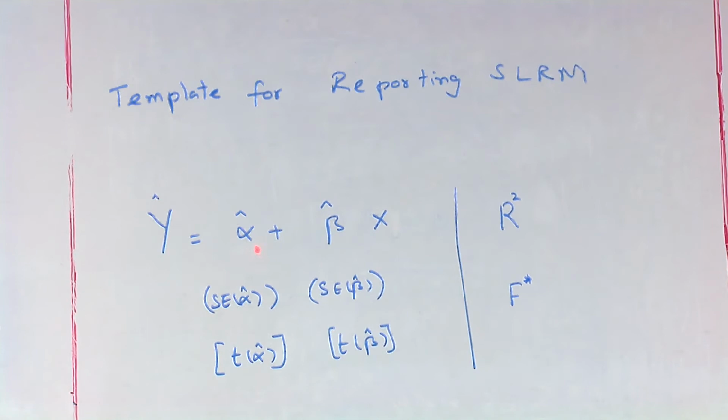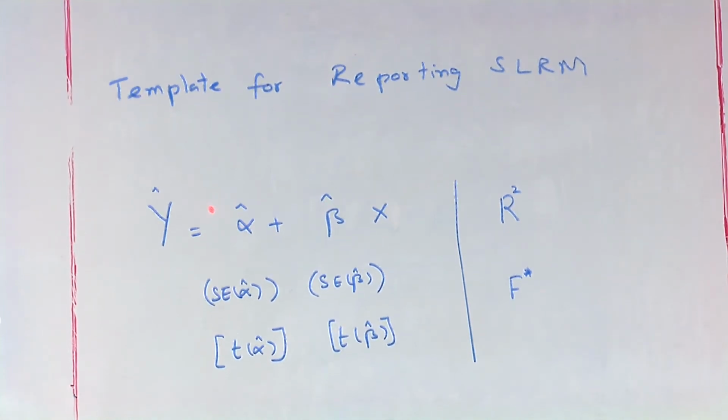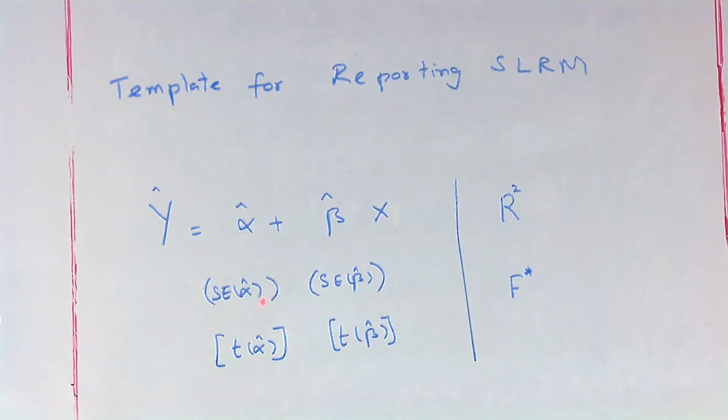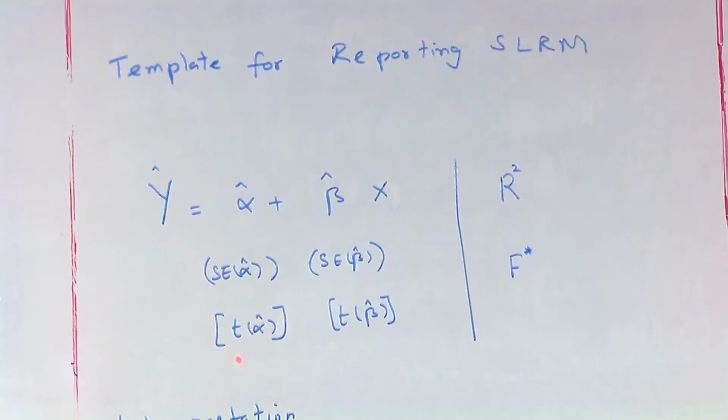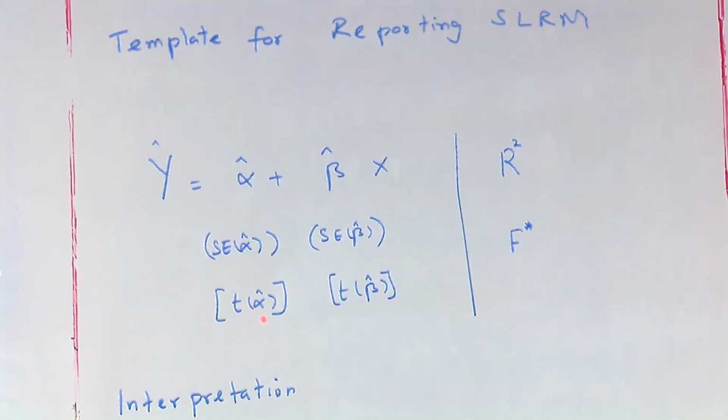Y hat is equal to alpha hat plus beta hat x. The standard errors are given below like this. Within the round bracket, the standard error of alpha hat is given, and in the square bracket, the t value of alpha hat is given.